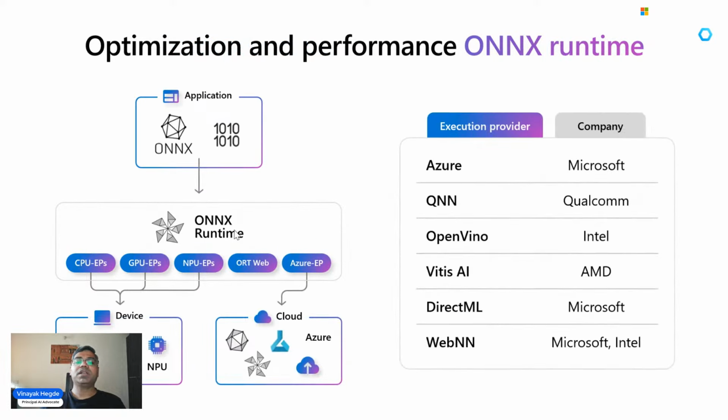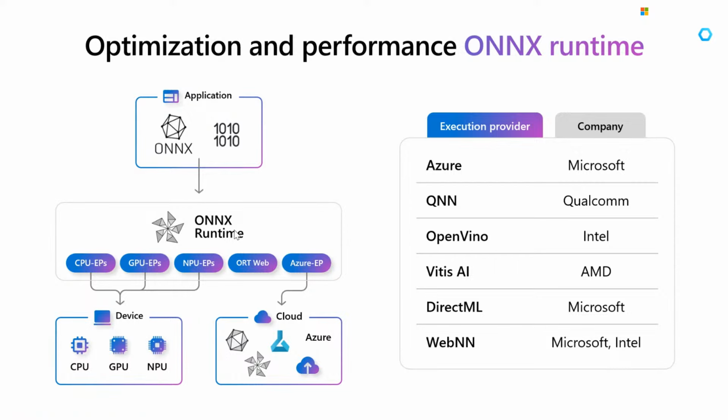So the ONNX runtime pretty much runs on every GPU type, and also the newly introduced NPUs that we are using in the Windows AI PC. As I said, it is a cross-platform inference engine for machine learning models in the open standard ONNX format, and supports a variety of execution providers.